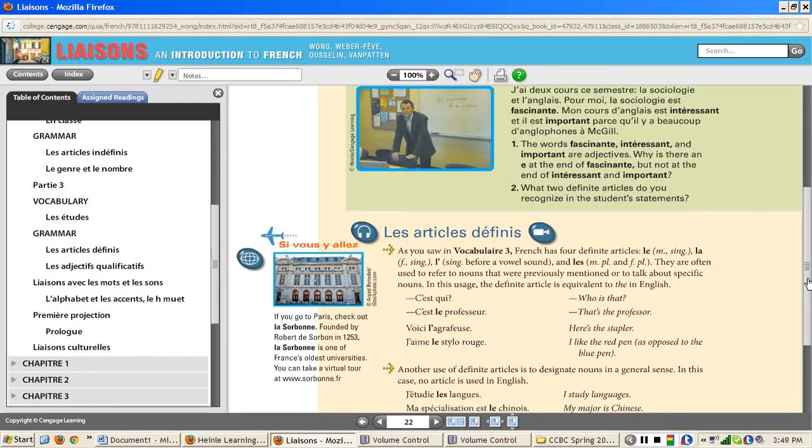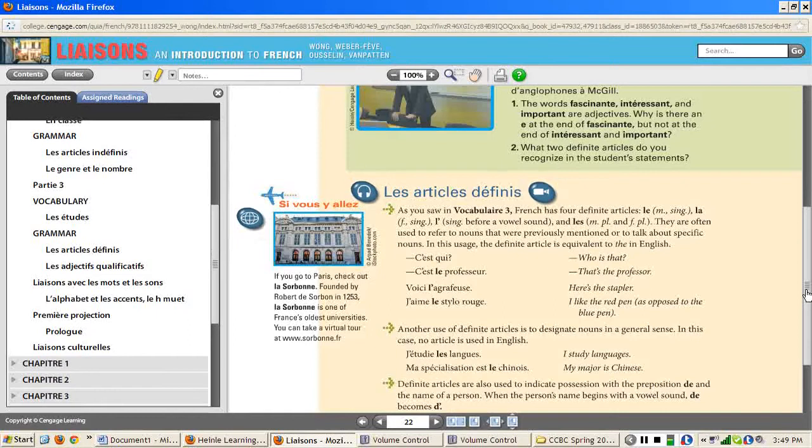I'm looking for the pen that was lost. So when I find it and I hold it up and I want you to know, here it is. Here's the pen I was looking for. Here's the pen that was lost. Voilà le stylo. We also use definite articles when we're talking in very general terms, which is what we will be doing in the first part of this chapter when we introduce different school subjects.